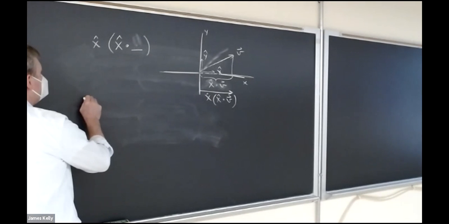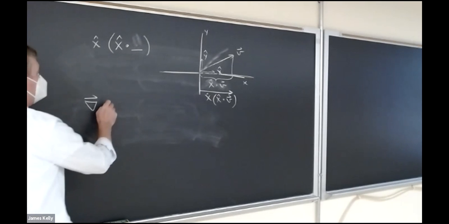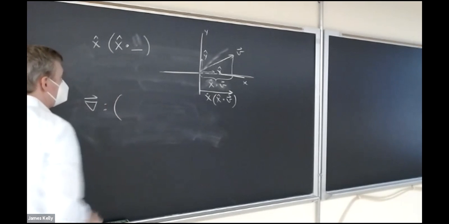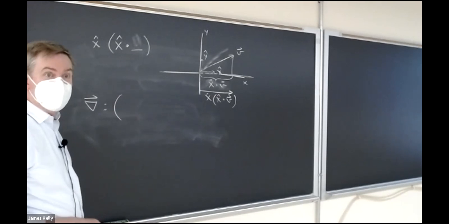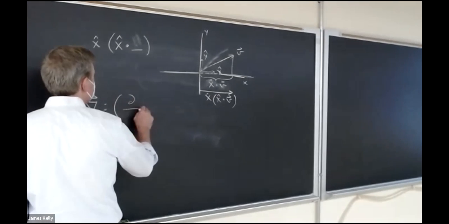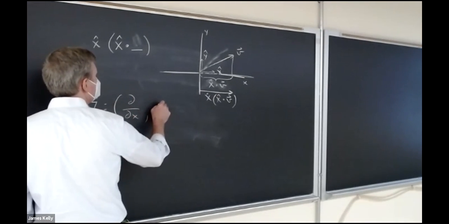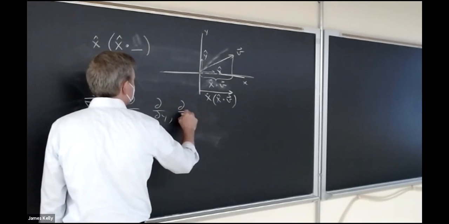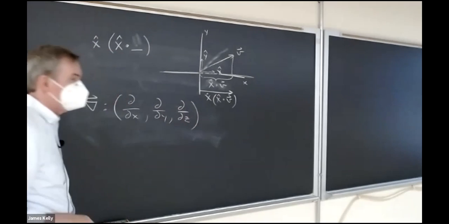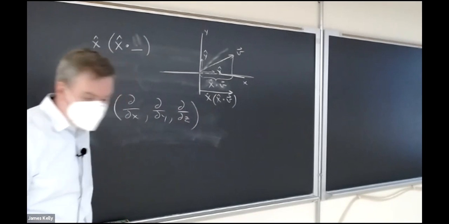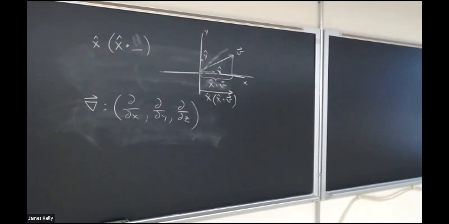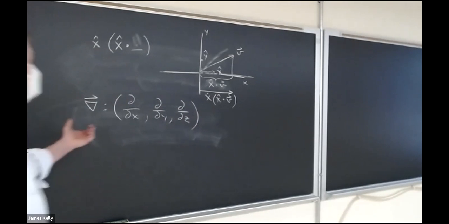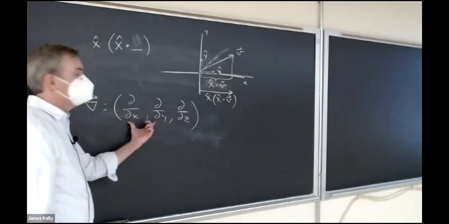So we think of del as a vector operator that has, at least in Cartesian components, the following components. d/dx is its x component, d/dy is its y component, and d/dz is its z component. That's called the Laplacian. And it just makes for a nice shorthand notation that it has these components in Cartesian coordinates.